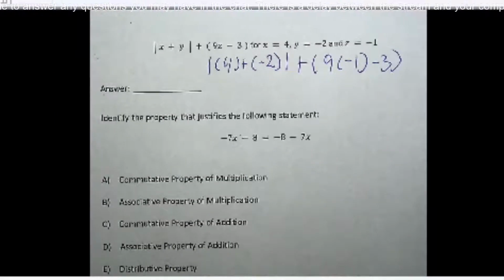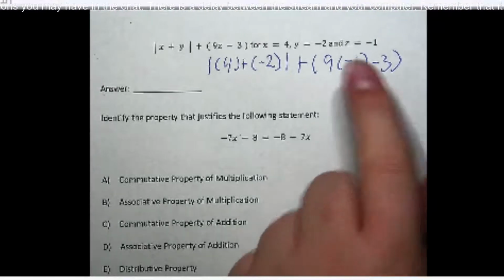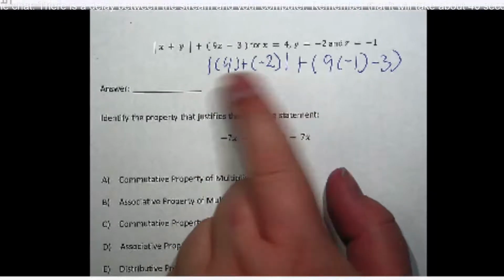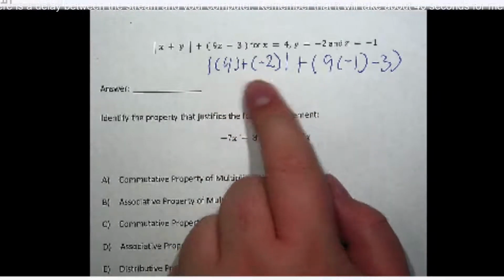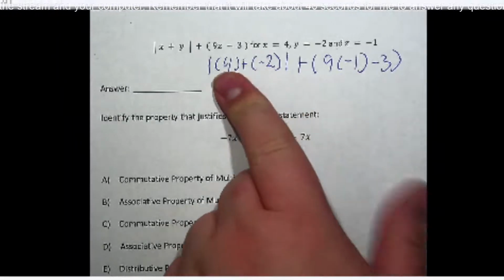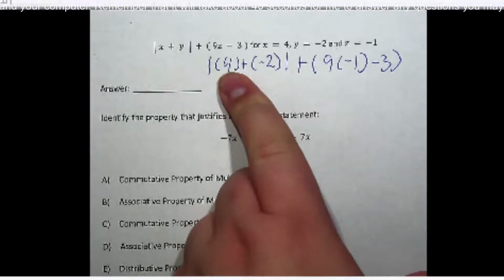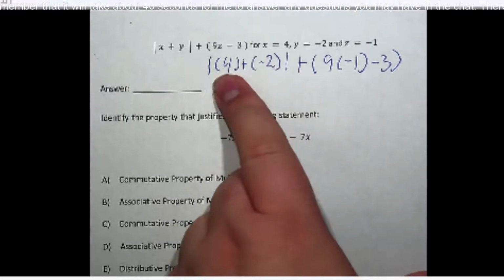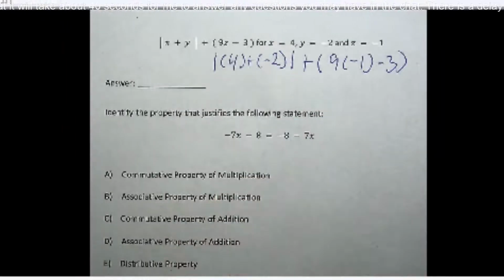So we've got some grouping symbols here. We've got, of course, the parentheses on this side, and then we've got the absolute value over here. So both of those count as grouping symbols. I'm going to start with the absolute value. So we've got inside here 4 plus negative 2. Really, that's like 4 minus 2. So 4 minus 2 is 2, and the absolute value of that is 2.